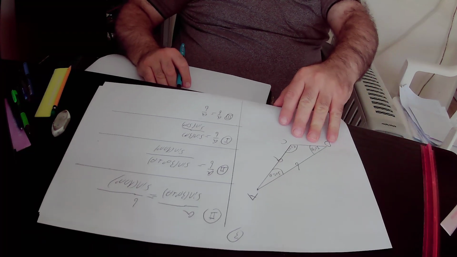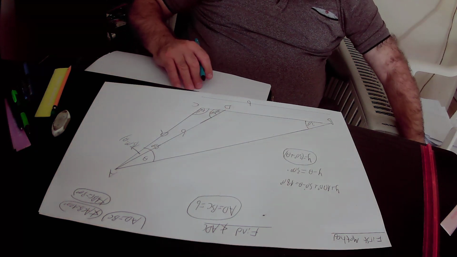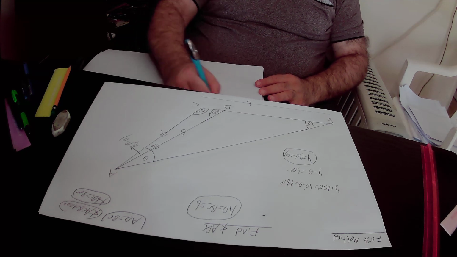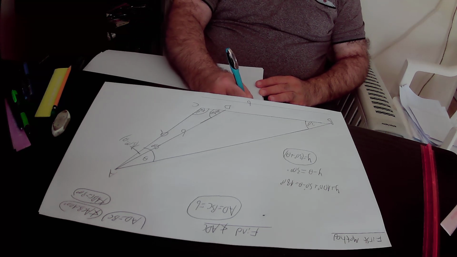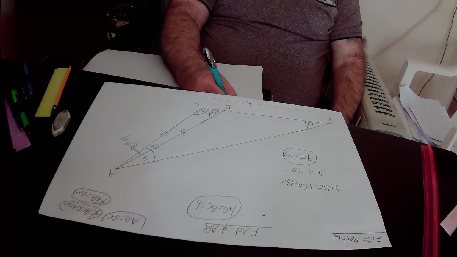Okay? And A over B according to equation number 1 is sine 30 degrees over sine 50 degrees.